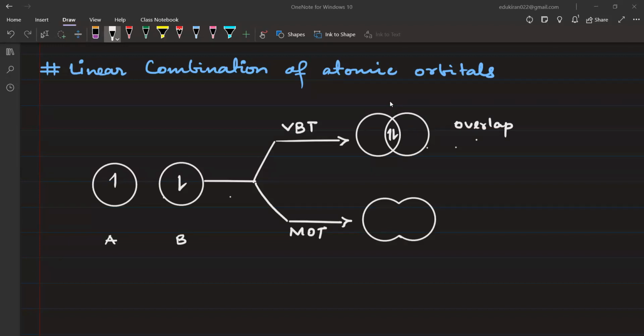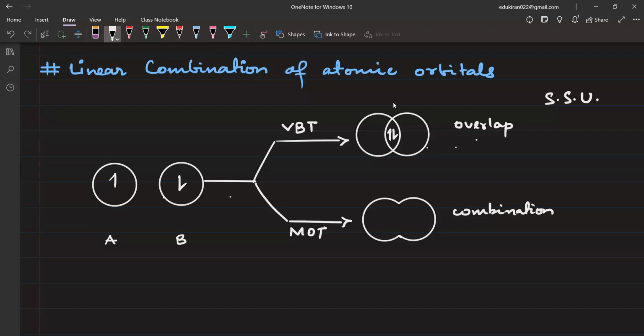It is like making a sunny side up egg with 2 eggs, where you can see both the yolks completely. But in molecular orbital theory, here the combination happens.